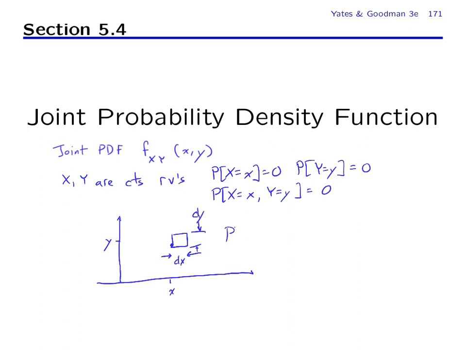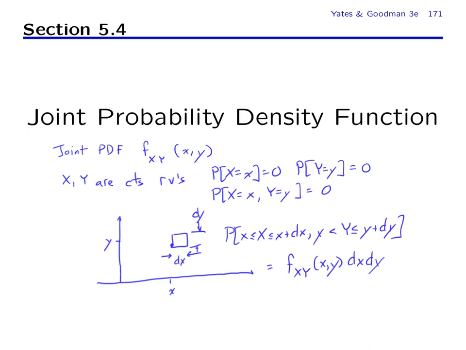And you'll be interested in the probability that random variable x and random variable y is in that box. What you'd like when dx and dy are infinitesimal is for that to be equal to the density function times the volume of the box, which is dx dy. This is just the two-dimensional version of a probability density function that we've already seen in one dimension.